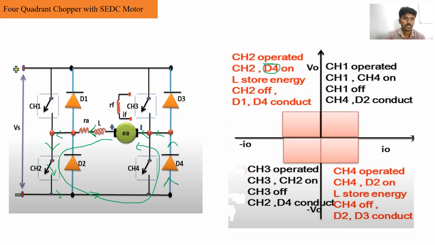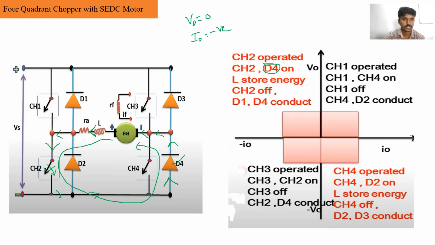In this case the output voltage becomes 0, because both are turned on, both are switches. So V0 is equal to 0 and the output current is negative.